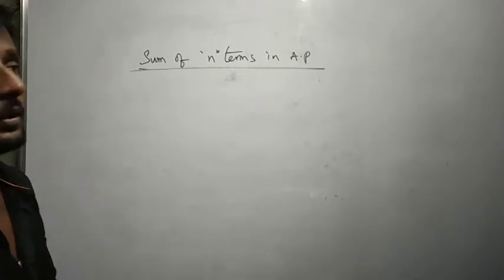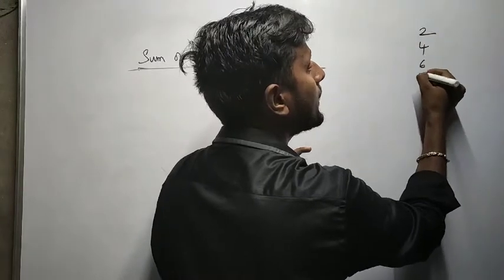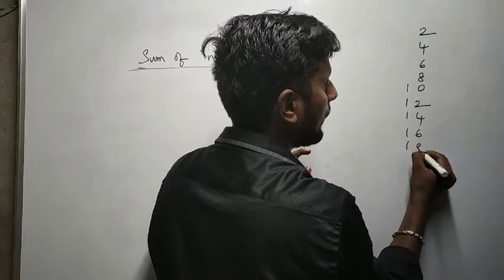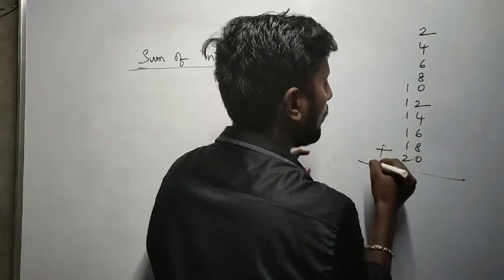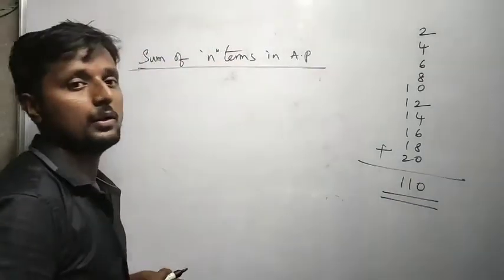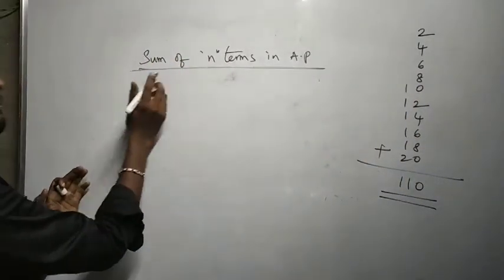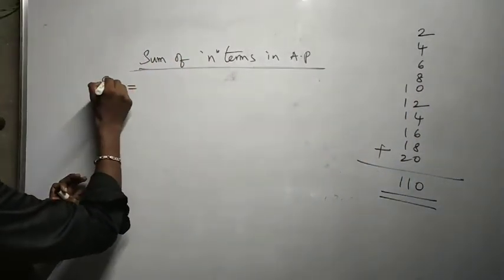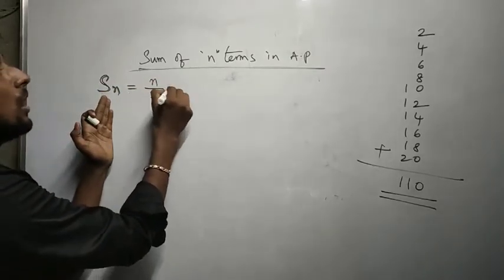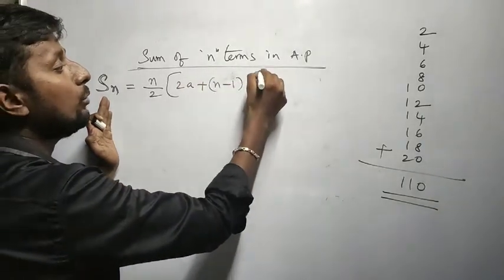Before that, I'll give an example: 2, 4, 6, 8, 10, 12, 14, 16, 18, 20. I added these numbers already. By adding all these numbers, we get the answer as 110, the sum of 2 to 20. Now, the sum of n numbers, S_n, formula: n by 2 of (2a plus (n minus 1) into d).